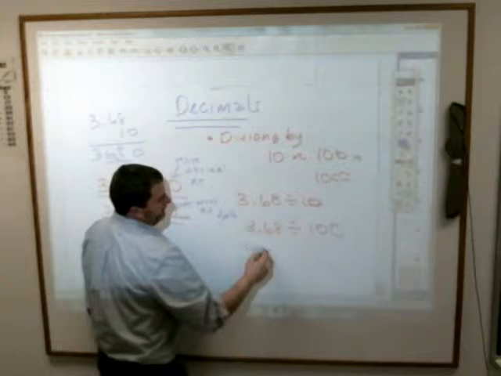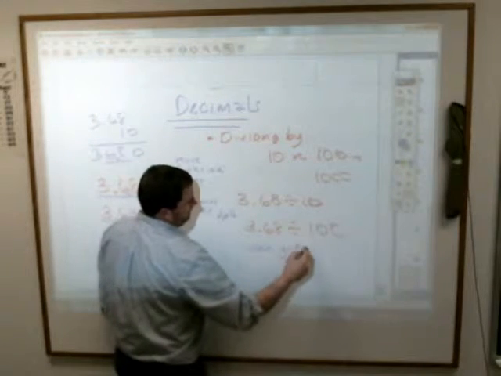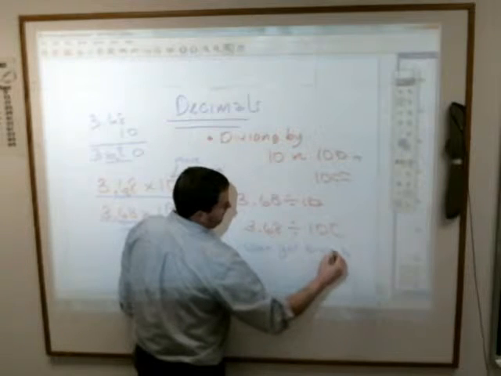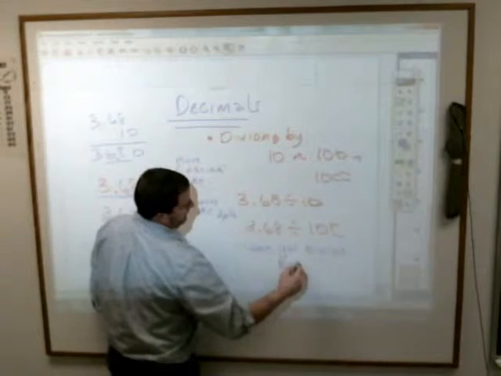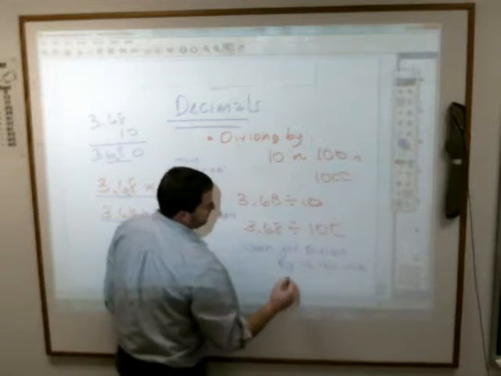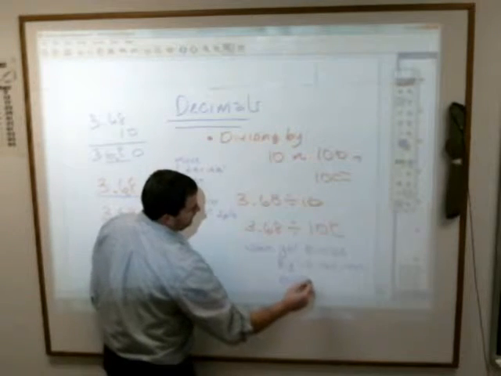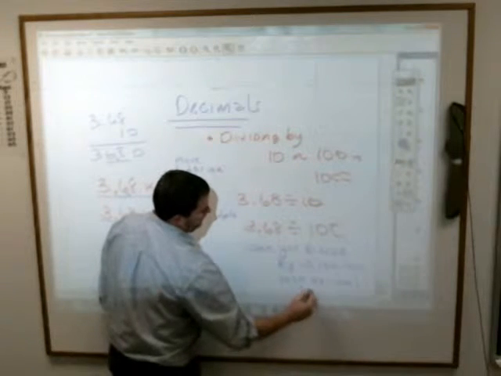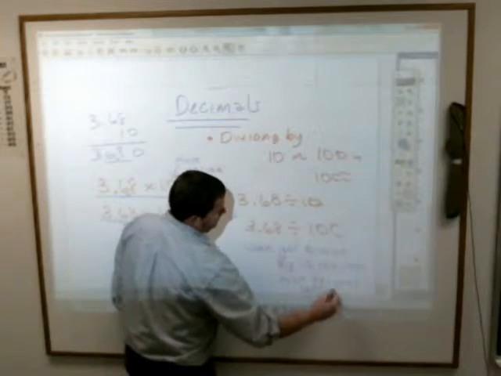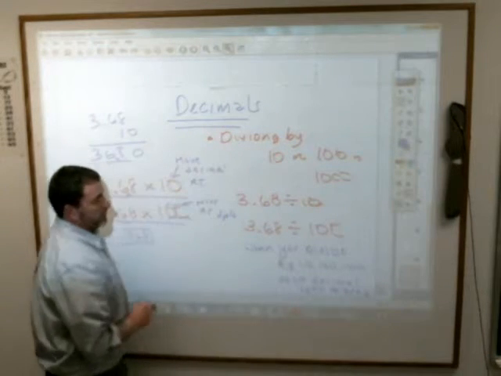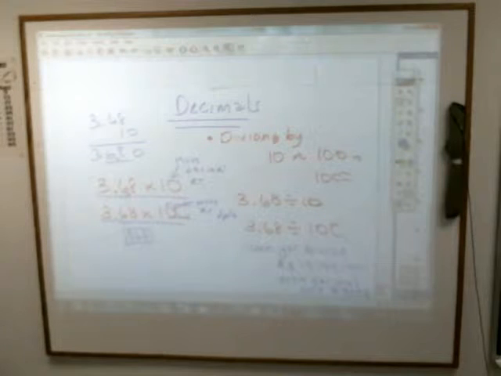When you divide by 10, 100, 1,000, you just move the decimal to the left, the number of zeros. That is the big hitter for the day.